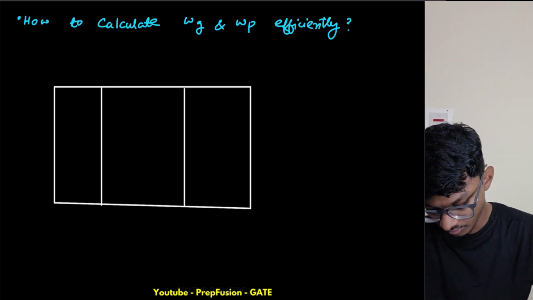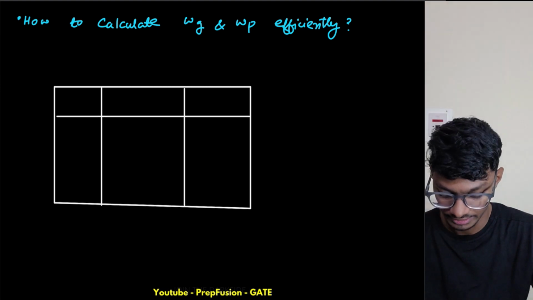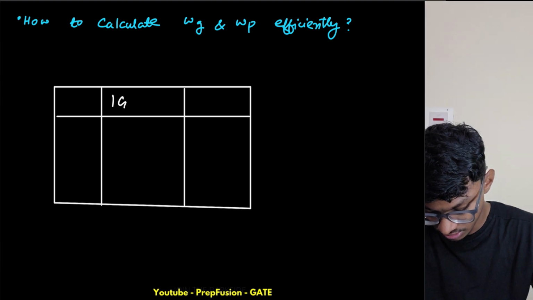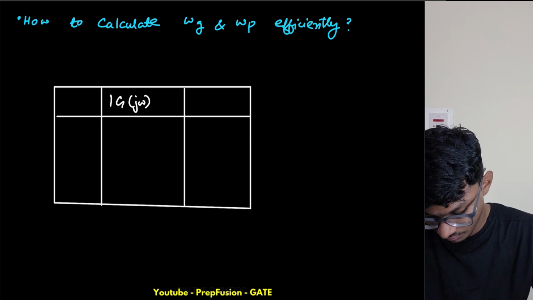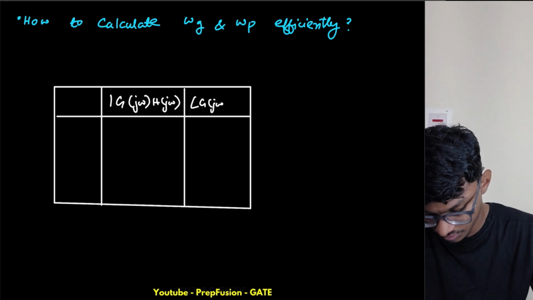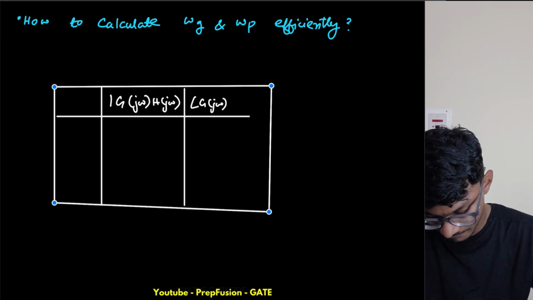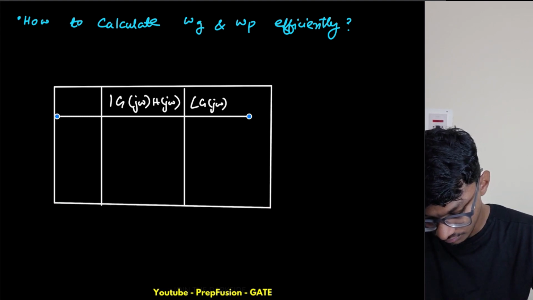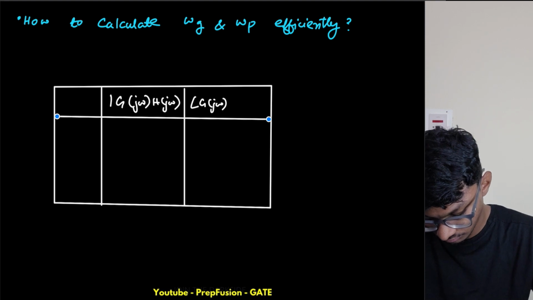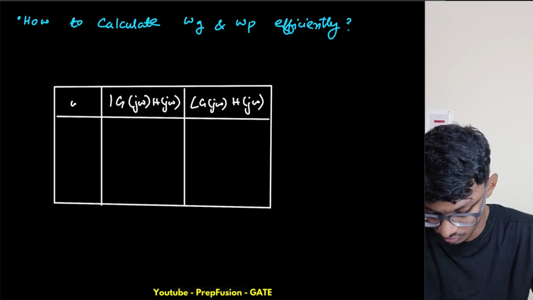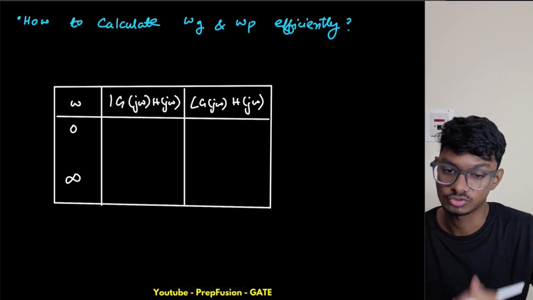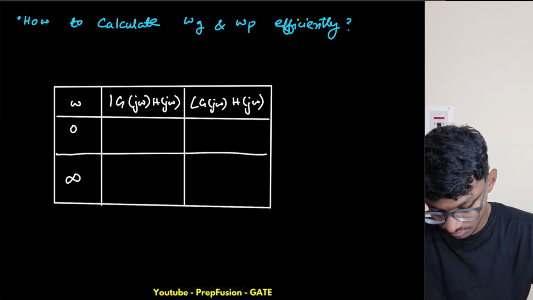I will have two parameters: one is the gain, |G(jω)H(jω)|, and another is the angle of G(jω)H(jω). This is omega, this is 0, and let's say this is infinity. So I'm going from 0 to infinity.